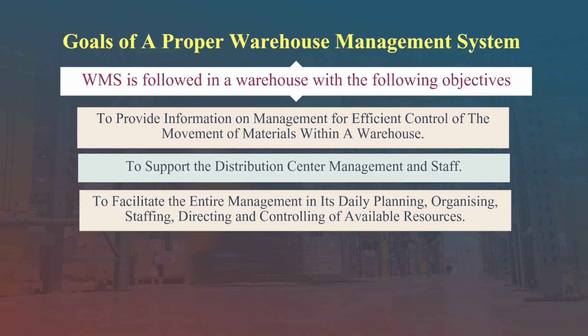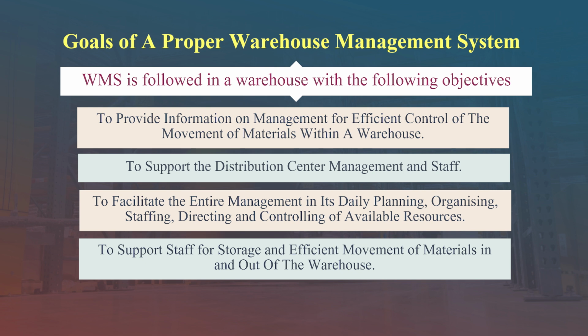Third, to facilitate the entire management in its daily planning, organizing, staffing, directing, and controlling of available resources. Fourth, to support staff for storage and efficient movement of materials in and out of the warehouse.